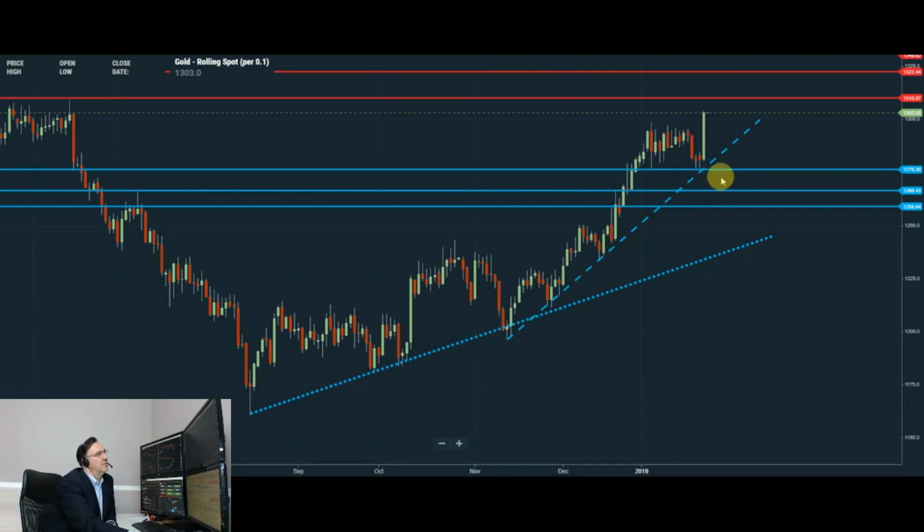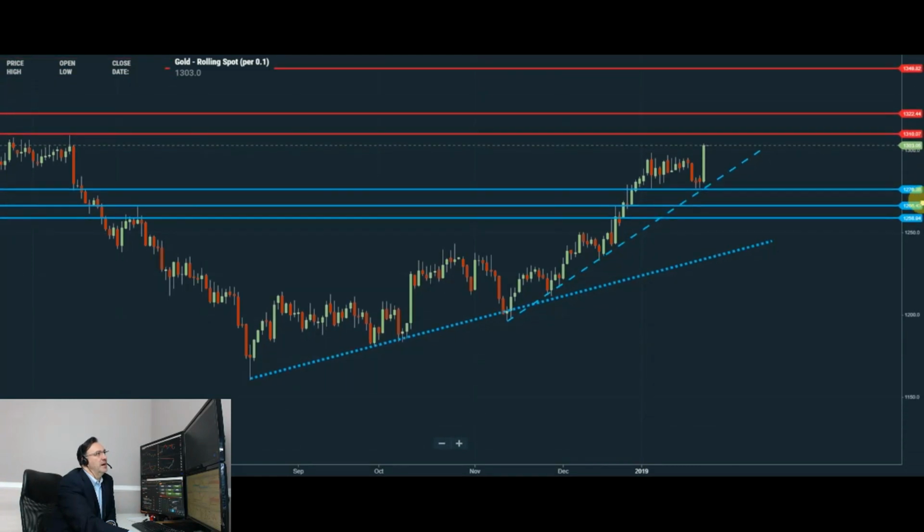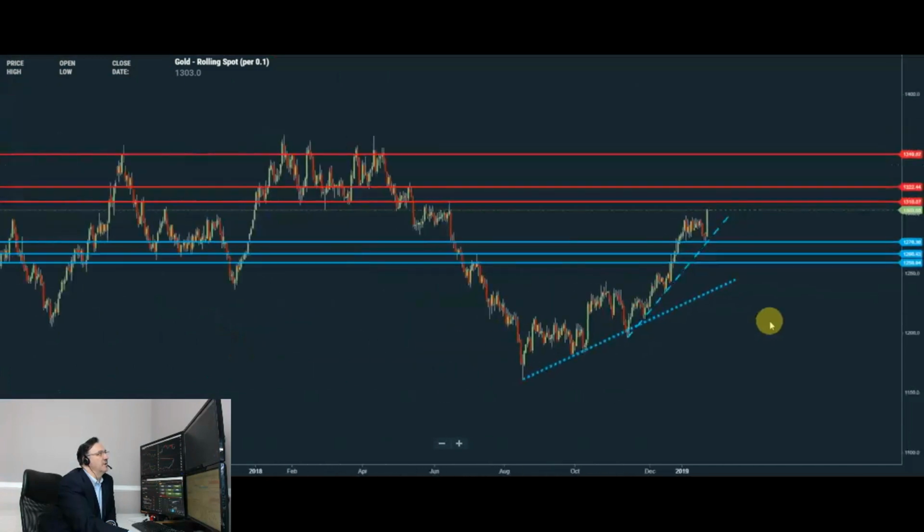Bulls appear to be in complete control above that level, potentially targeting initial upside resistance at 1310. Only a breakout and end of day close above 1310 could open up the way for a further upside move towards 1322. A breakout above 1322 will be a significant one because it's referencing these previous significant highs here towards 1350. So 1310, 1322 followed by 1350 to the upside.